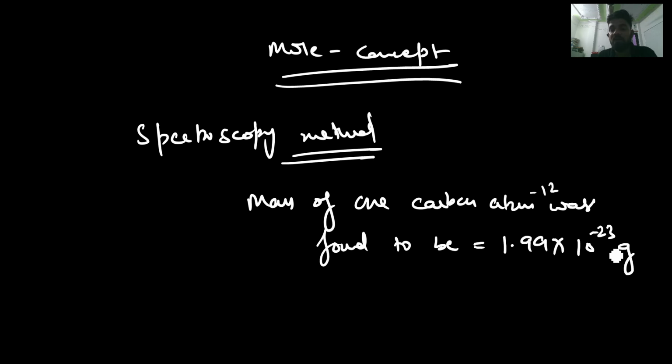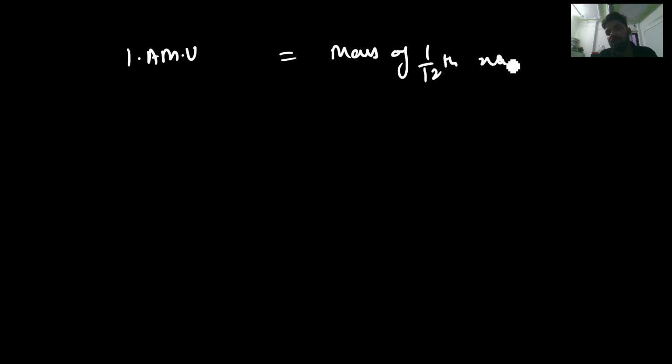Now this is not our standard unit. We have not considered the whole atom as one carbon atom, we are just considering its 1/12 part. So one atomic mass unit is 1/12 the mass of a carbon-12 atom.